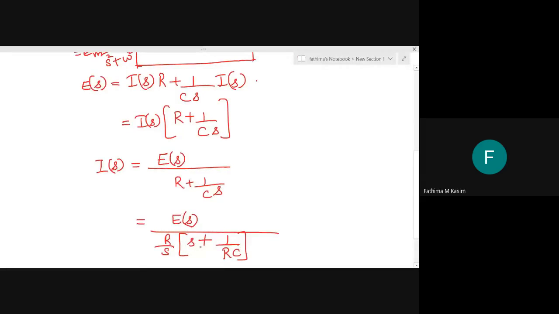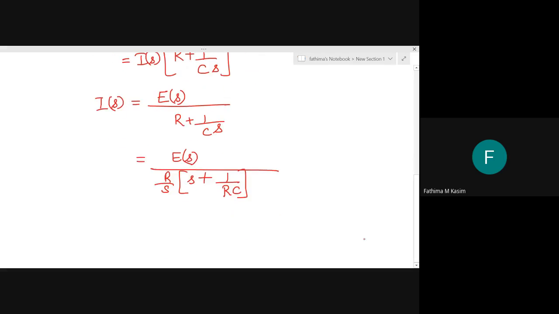So I'm taking R by s outside: R by s into s is R itself, and 1 by RC into R by s is 1 by Cs. So this is similar to this thing: E of s divided by R by s into s plus 1 by RC.